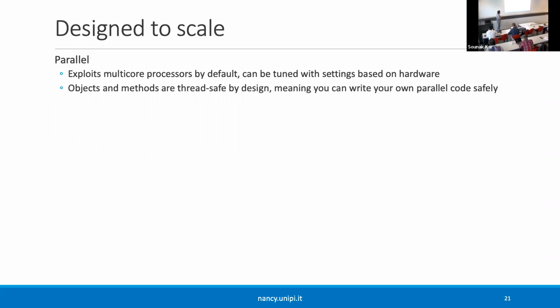It is designed to scale. As I mentioned, the parallel aspect shows up in two ways. First, most of its methods are implemented to exploit multi-core processors by splitting work over multiple threads. But also the design of objects and methods allows you to write your own parallel code safely, since there will be no problem of interference between multiple threads.